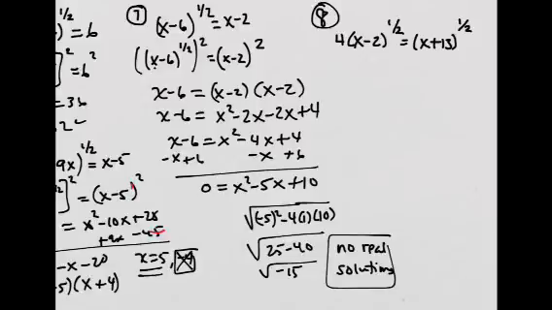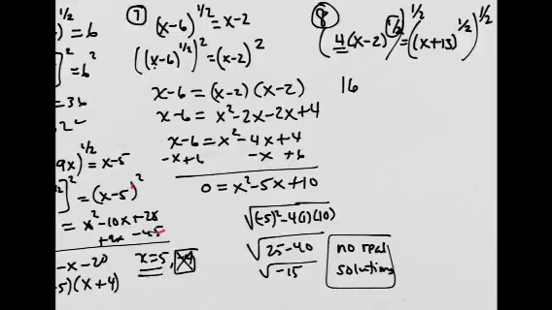Okay, so on number 8, we need to get rid of the 1/2. So we're going to square both sides. And so remember, when you square both sides, you square everything on those sides. So I'm going to put parentheses here to the 1/2, and then parentheses here to the 1/2. So 4 times 4 is 16.